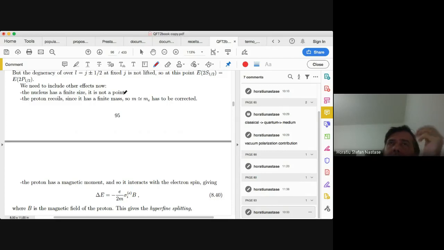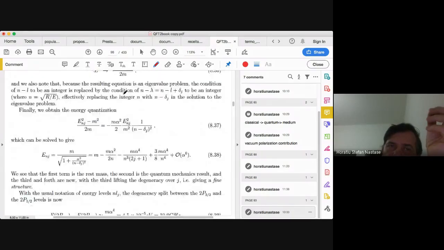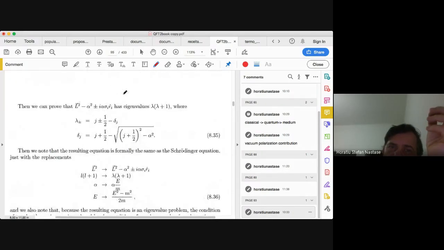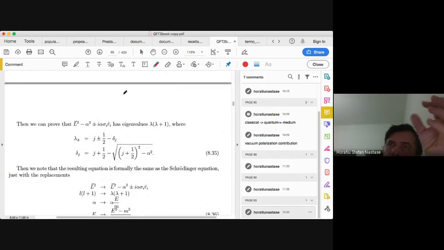What we assumed for the hydrogen atom is that the charge of the proton, which is the nucleus, is concentrated in a single point.